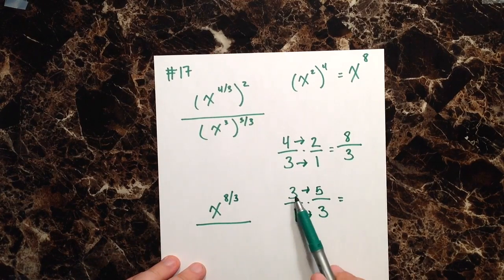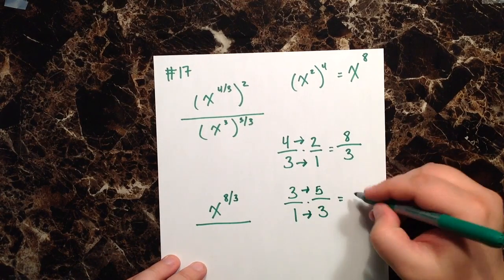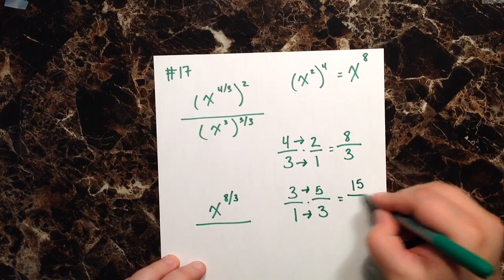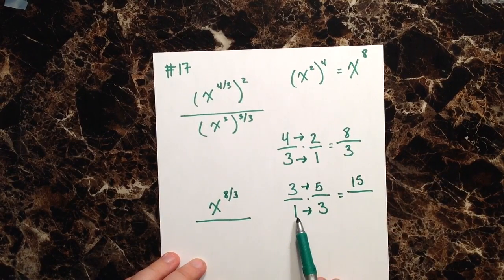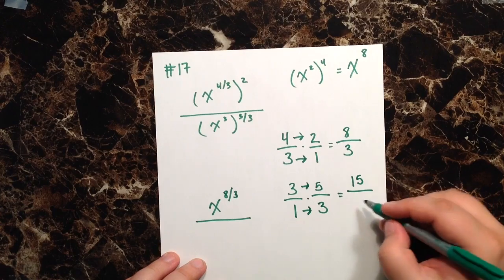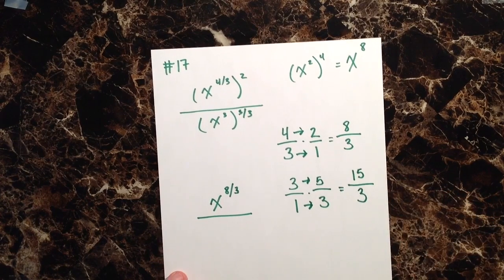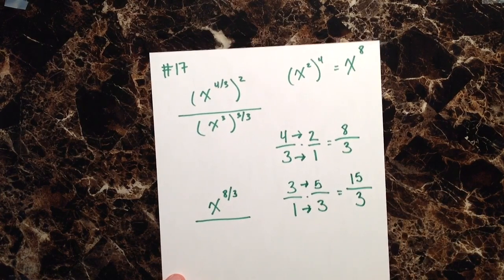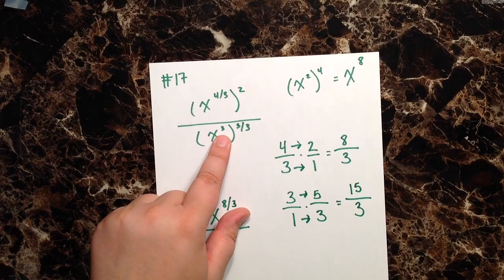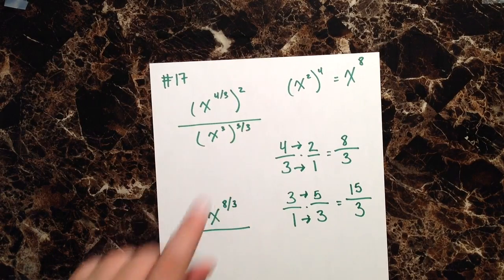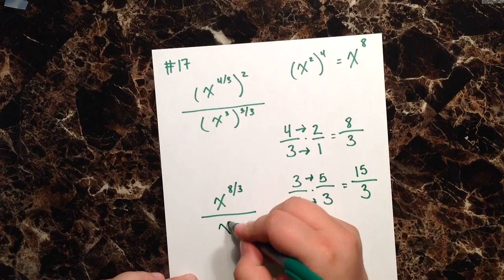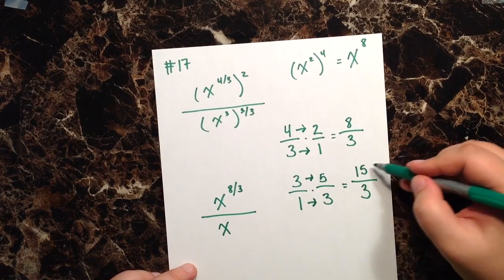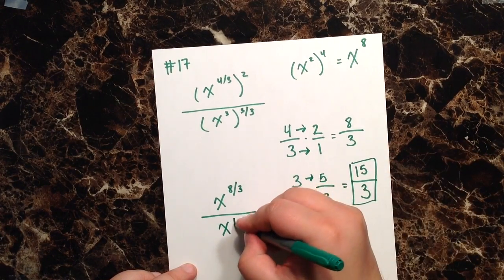What's 3 times 5? That gives me 15. What is 1 times 3? That gives me 3. So when I raise x to the 3rd to the 5/3 power, I get x to the 15/3.